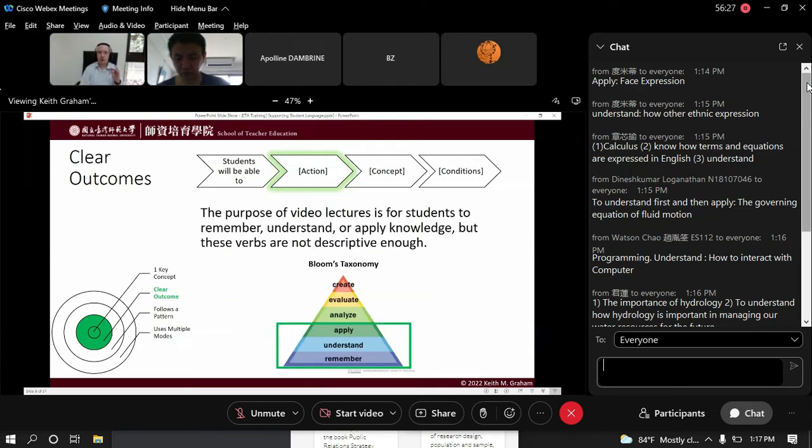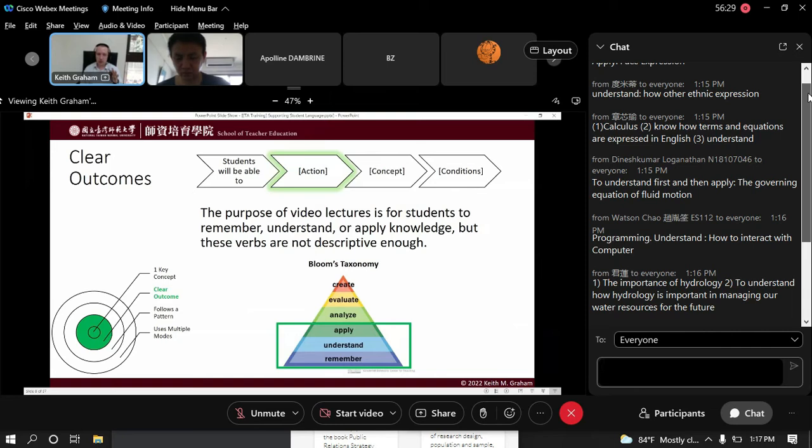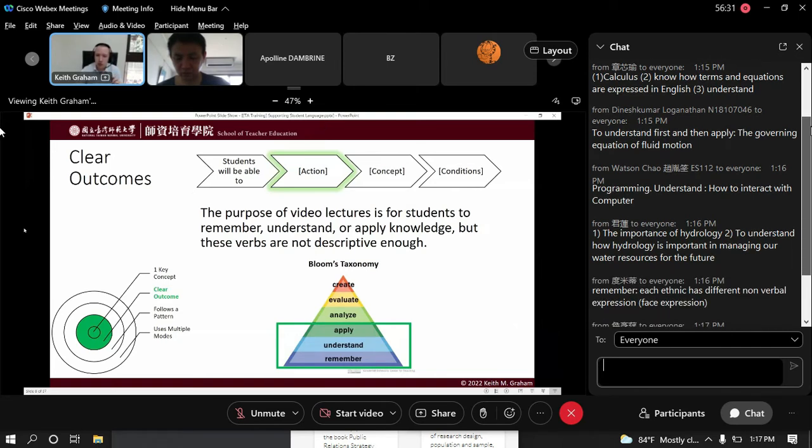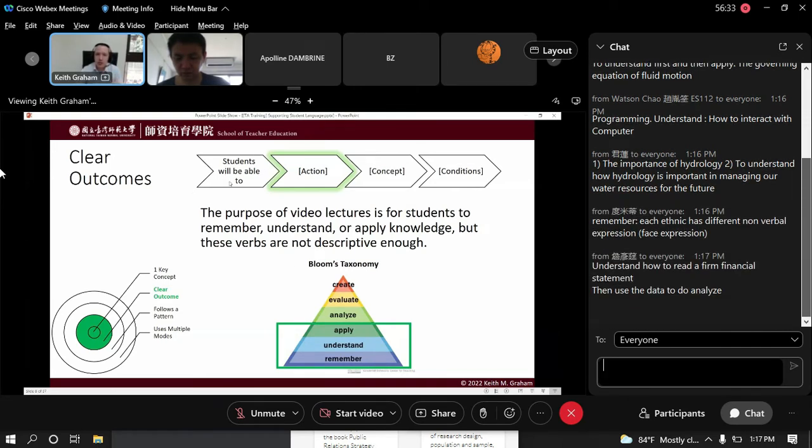Now, one of the things that we'll need to think about is that while these verbs are good, we could say students will be able to remember, or students will be able to understand, or students will be able to apply, oftentimes those verbs are not descriptive enough. They give the general idea of what we want students to be able to do, but these verbs are better off as broad categories, not specific descriptions.